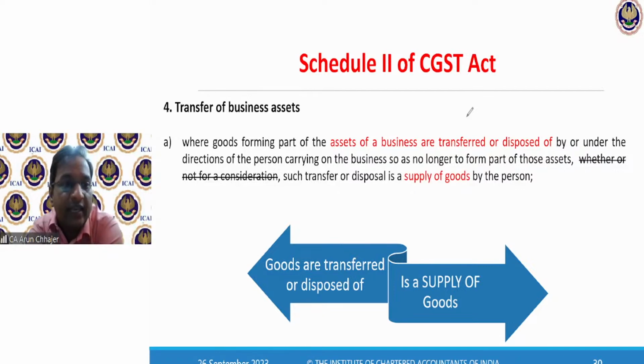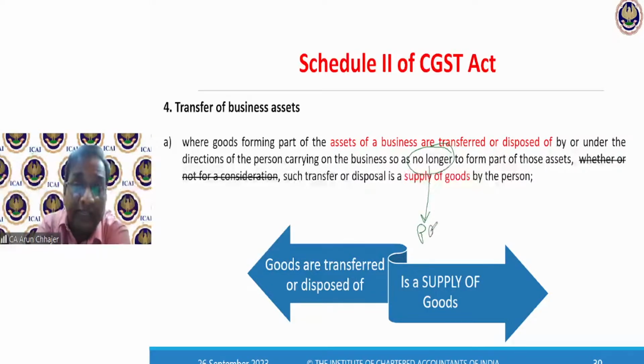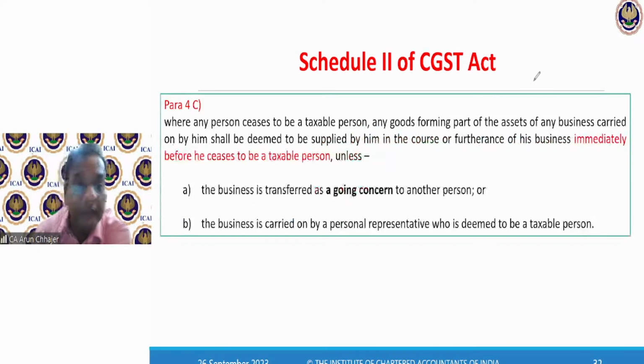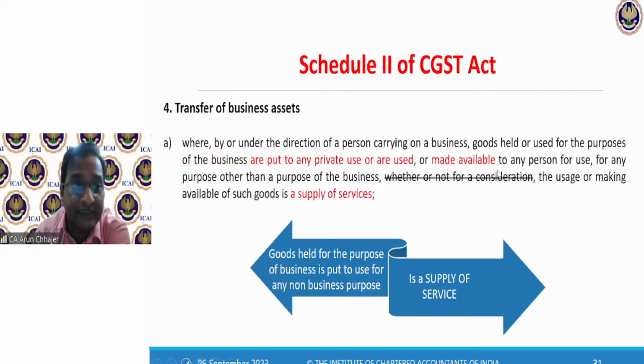Let's read the clause A. When the goods forming part of the asset of the business are transferred or disposed of in such a manner that they no longer form part of the asset, no longer means permanently transferred. Permanently, then it is a supply of the goods. If goods are being transferred temporarily, then it is a supply of service.